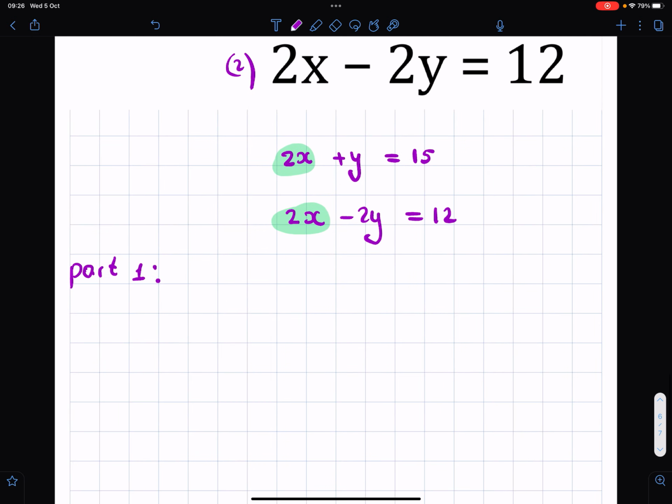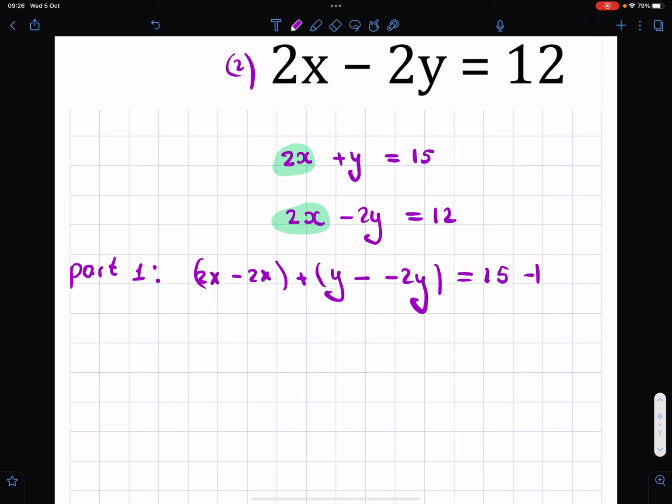So I'm going to subtract this, right? It's going to be the 2x from the top equation minus the bottom one. 2x plus y minus negative 2y. Guys, this part is important. Y minus, because we are doing subtraction, right? But this itself is negative 2y, so we need to take that into account.